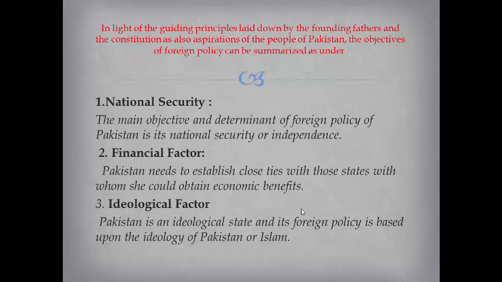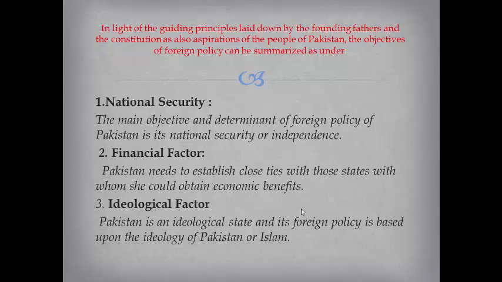They occupied certain states, and in 1948 they sent their troops to Kashmir. India started occupying the princely states one after another. Resultantly, this trend created in Pakistan the belief that India will take advantage of her weakness.